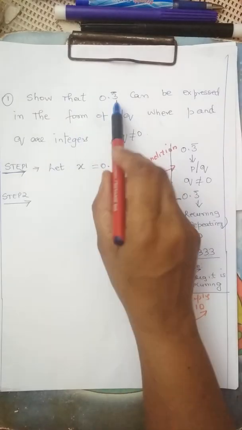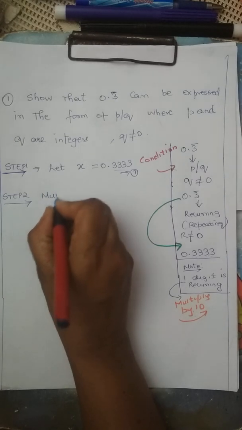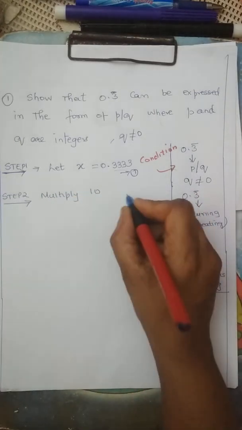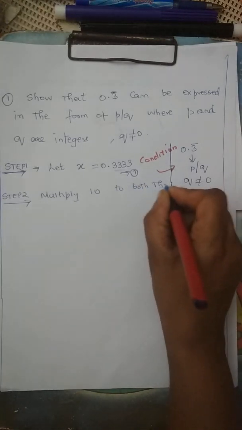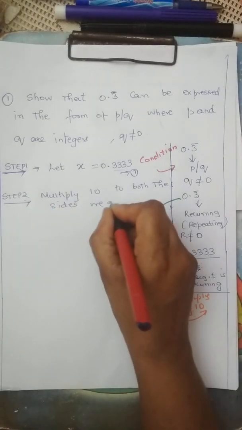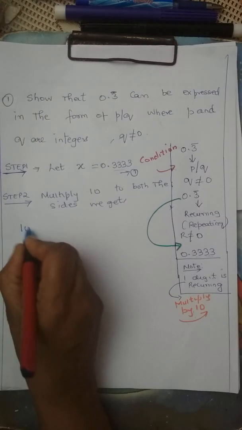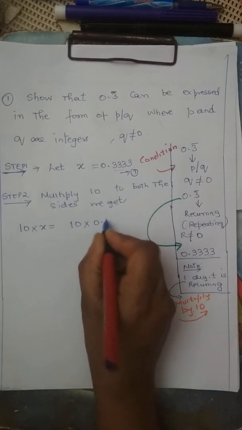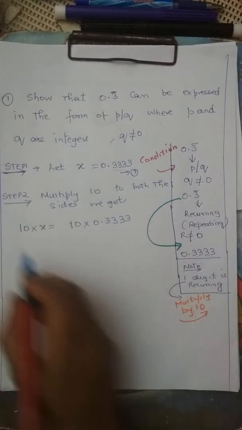How to know it's 1 digit? You'll come to know, there is a bar only on 1 digit. So what do you have to do? Multiply 10 to both the sides. We get 10 multiplied by x equal to 10 multiplied by 0.333.